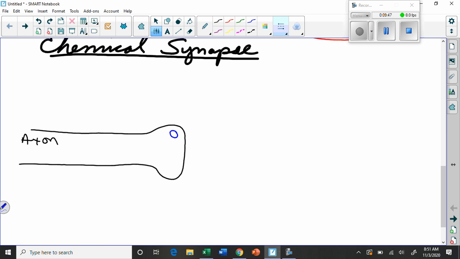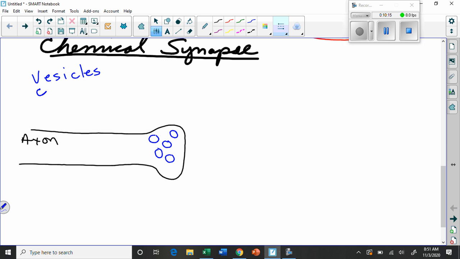These vesicles contain specialized chemicals called neurotransmitters. So let's write vesicles. Vesicles are just little bubbles. They're membrane bound, kind of like a vacuole, but a small vesicle that is membrane bound and contains neurotransmitters, which would have been manufactured by the cell machinery.